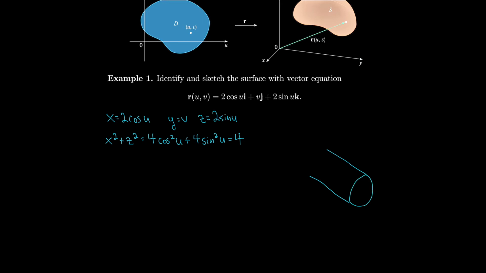Okay, and I'll close up my cylinder and put in some axes. So that can be the z-axis, and then it cuts through for the y-axis, and let's have the x-axis poke out.